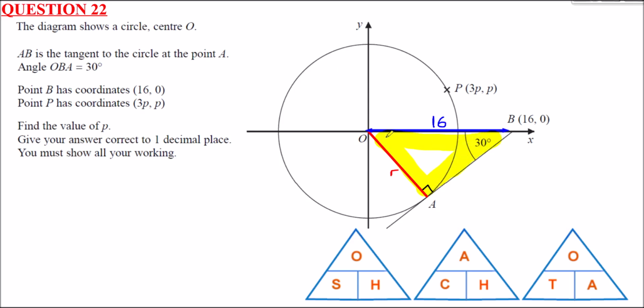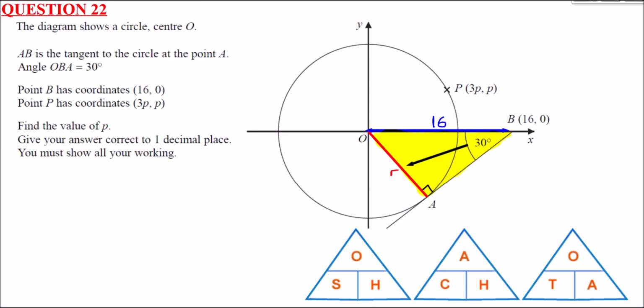So just looking here, we can add in some bits of information. So this side here is the hypotenuse, because it's opposite to this right angle, and also opposite to this 30-degree angle here is the radius. So the radius is literally opposite to the angle. So I want to find the opposite.